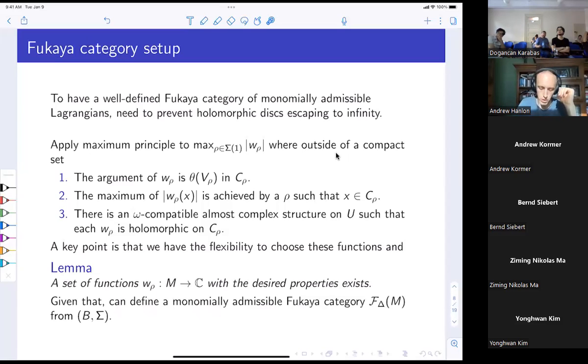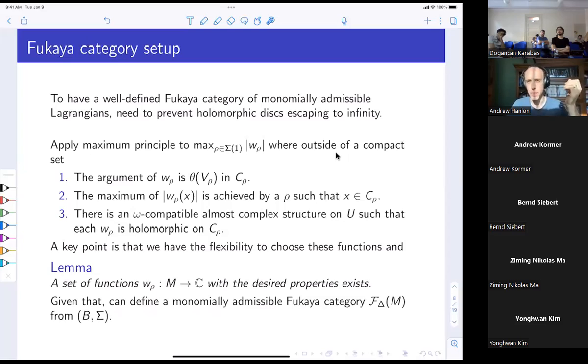So morally, you should be thinking that these W_rho come from some discounting potential on the mirror Y, if I had chosen some symplectic structure on Y and done a lot more work.